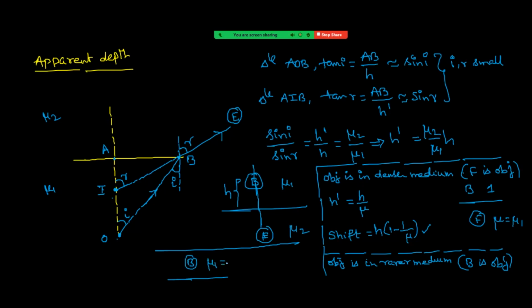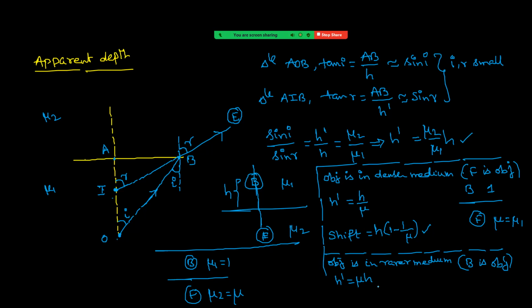Here mu1 is 1, and mu2 value is mu, because rays coming from the bird reach the eyes of the fish. Substitute here: mu1 is 1, mu2 is mu. H dash equals mu into H. This means for the fish, the bird appears to be at more height.